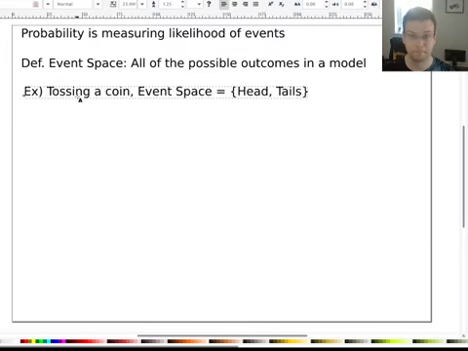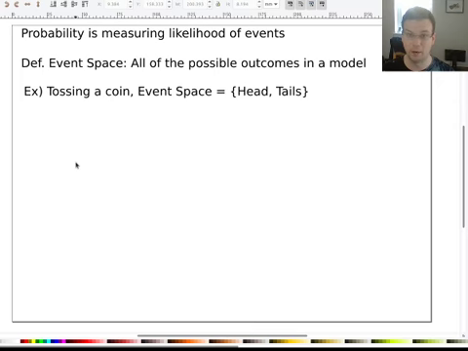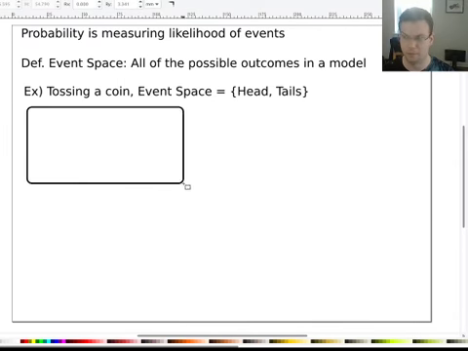So there's only two possible outcomes in this experiment. Now, like I've said in the past, this is a model. This is what we've chosen to think about. Of course, there's other things we could look at, which is how greasy did the coin get, where exactly did it fall. We're not worried about any of that. We're just saying, okay, our event space is heads or tails.